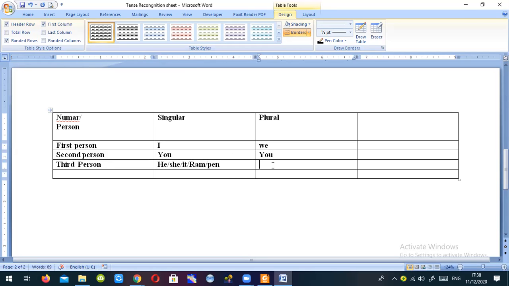And here in the plural section you can write they, Ram and Sita, for example, cows, right? Here capital. Okay, let me make it capital. So if you teach in this way, and if you can circle, right? What is that tool? I can't see. What is that?